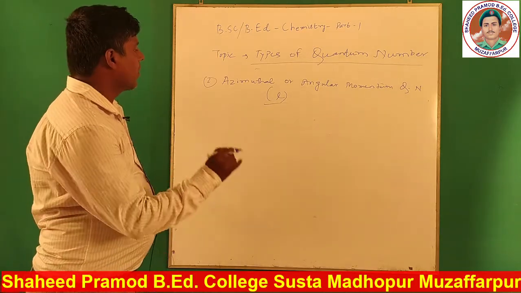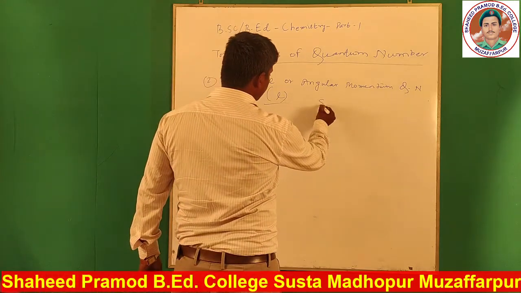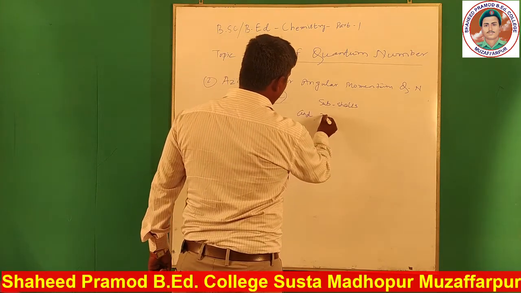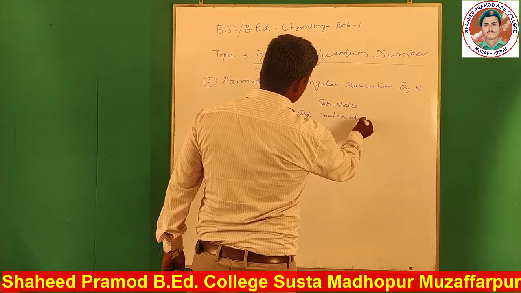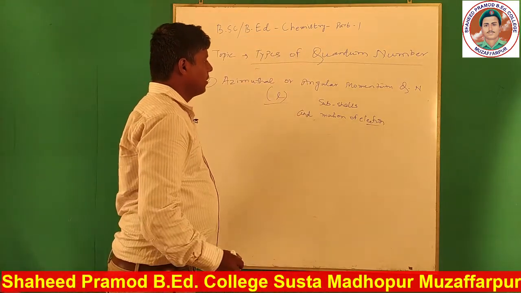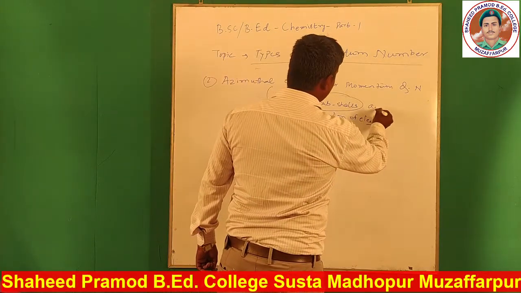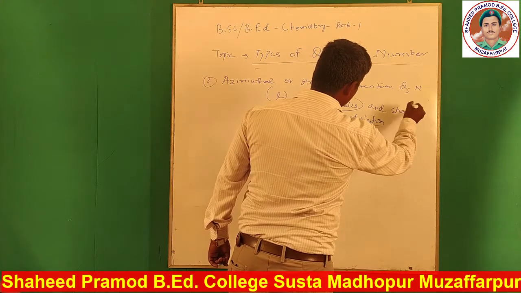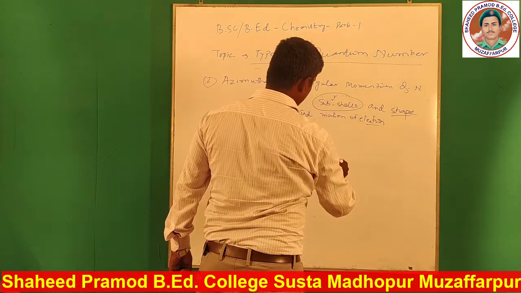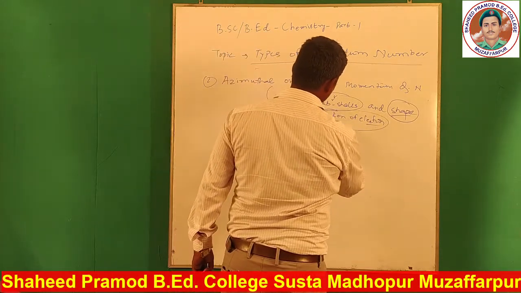This quantum number gives the information of the subshell and the motion of the electron. It gives not only the subshell, but also the shape of the orbital and the motion of the electron revolving in that orbital.